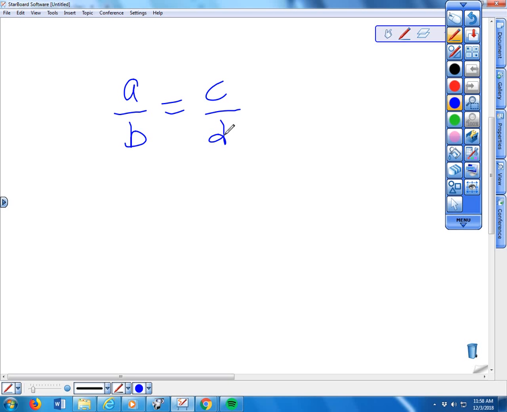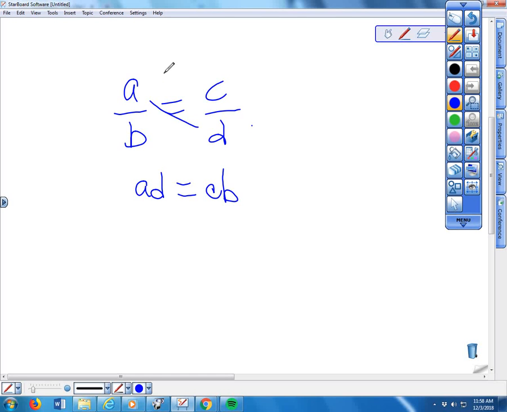So this becomes AD is equal to CB, or BC, either way. And I could switch these two, and I would still get the same proportion. So take a look at that, if you haven't already, on page 2, the different corollaries of the different combinations of extremes and means, which is what this proportion is called.